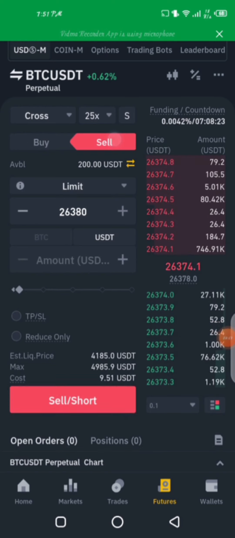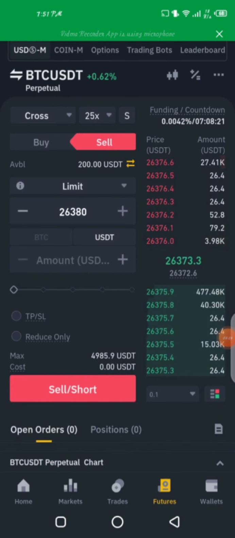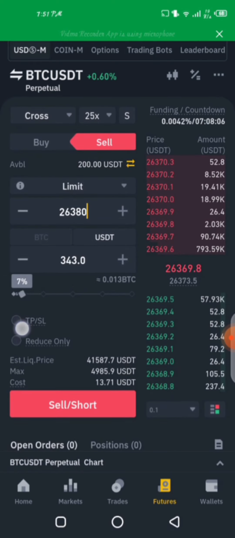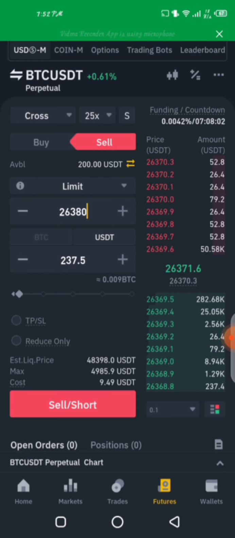I just come here, sell, because sell simply means sell short. Because I have changed to sell, I need to still input the margin, the amount of money I want to take this trade with, which is 5%. So I go back again, make sure it's at 5. Good. Then I click on sell short.